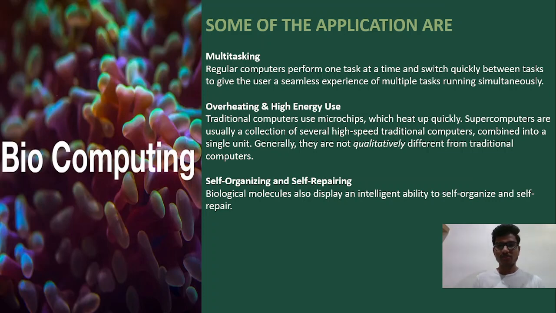Traditional computers use microchips which heat up very quickly. Supercomputers are usually a collection of several high speed traditional computers combined in a single unit. Generally, they are not qualitatively different from traditional computers. Next, they have a feature of self-organizing and also self-repairing. Biological molecules also display an intelligent ability to self-organize and self-repair.